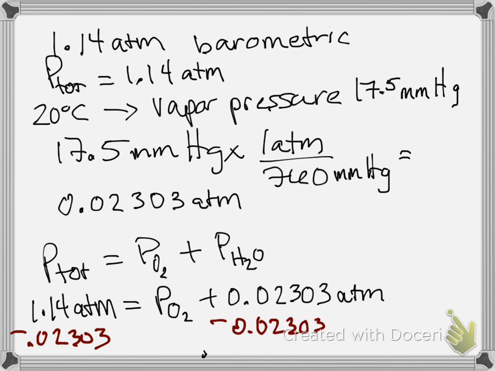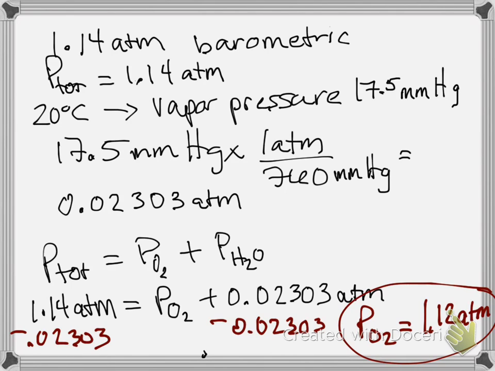So the actual pressure of the gas that I made is going to be 1.12 atmospheres. Not quite as much as I thought, but still pretty close. Okay, so this is how you can use Dalton's law of partial pressures in the laboratory.